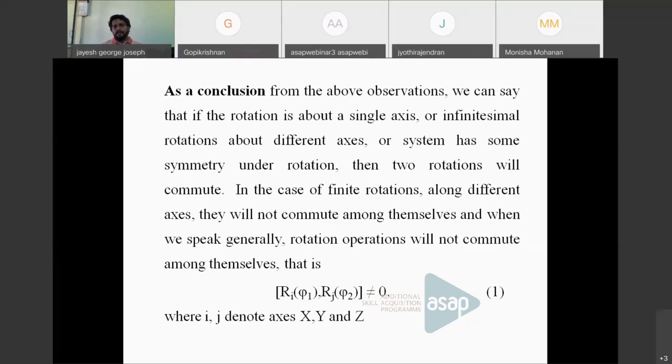That is, we can write the commutator [Ri, Rj] is not equal to 0, where i, j denote the axes x, y, and z. You can take any two axes as i and j, and that quantity is not equal to 0. This is the general expression. But in some special cases, like infinitesimal rotation or rotation about the same axis, they will commute. Otherwise, generally the rotations will not commute among themselves.